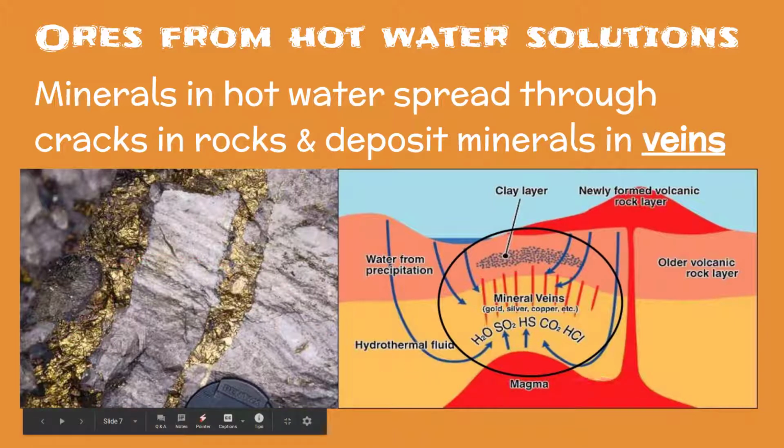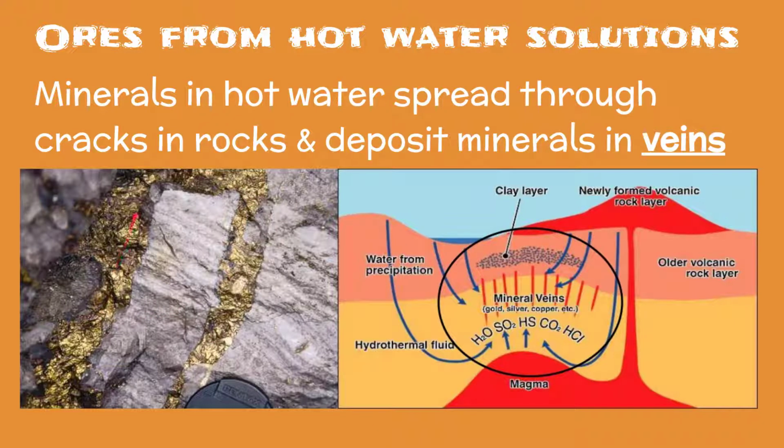Eventually this will cool, eventually the water will slow down, and then eventually you get these big veiny deposits where water carrying gold moved through, then the water's gone, it leaves the gold behind. And so a lot of times when you hear people talking about veins of gold or veins of a deposit, this is exactly what they're talking about. Something that has been deposited through cracks in rock, through high pressure heated water. It's pretty cool. I think it's cool.